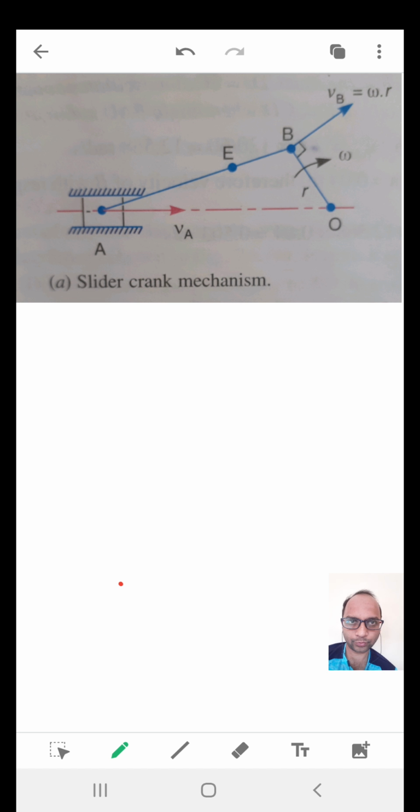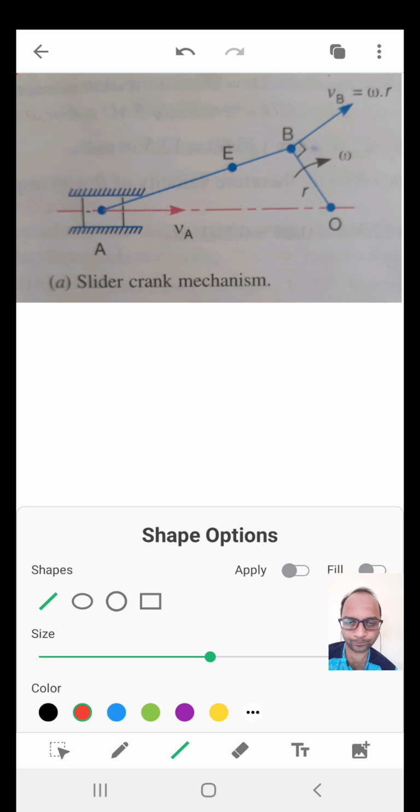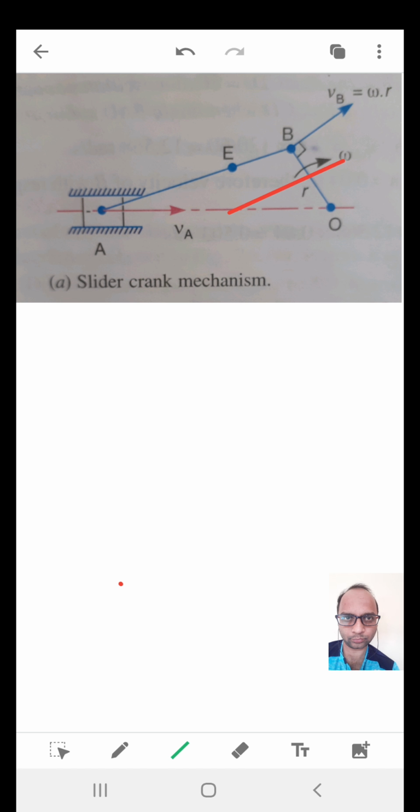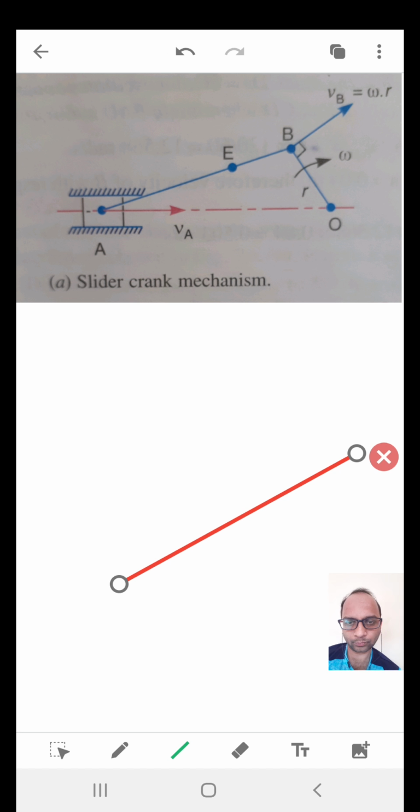Okay, so first of all draw a perpendicular line to OB from point O. I draw a perpendicular line from point O. Then the link AB is also a rigid link.